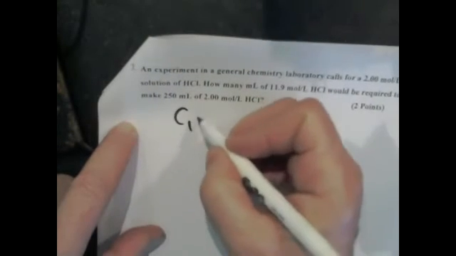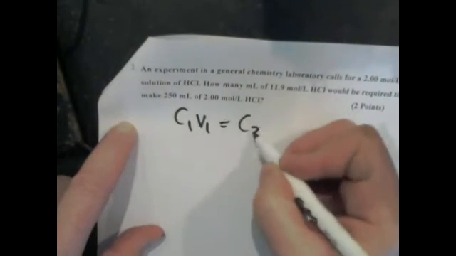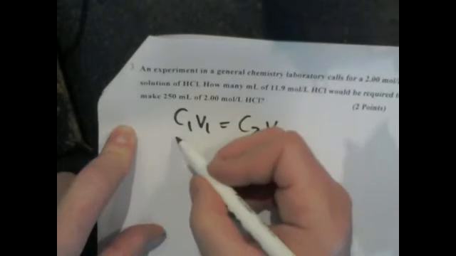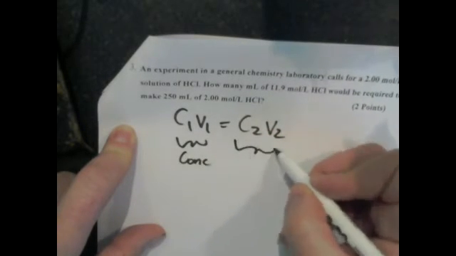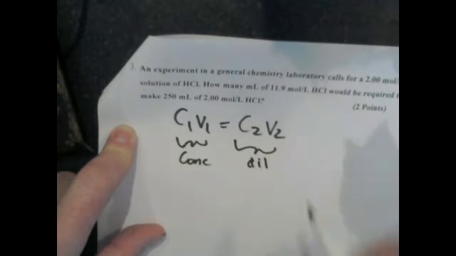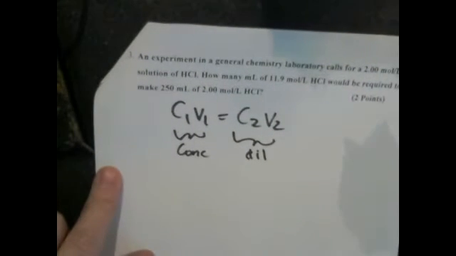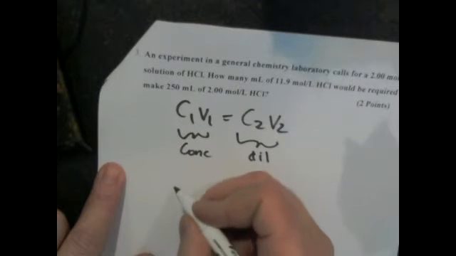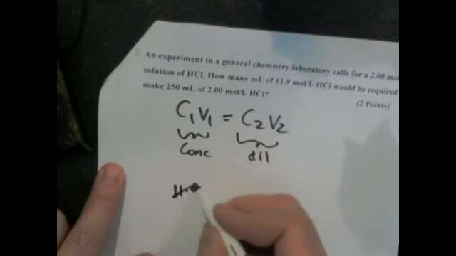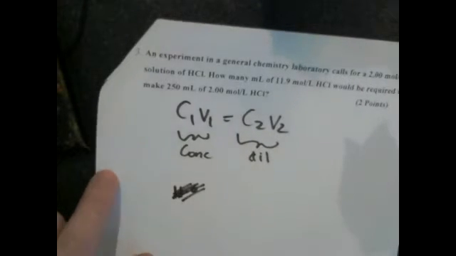So the dilution formula is C1V1 equals C2V2. The 1 refers to the concentrated stuff and the 2 to the dilute. Well, let's do our algebra first of all.